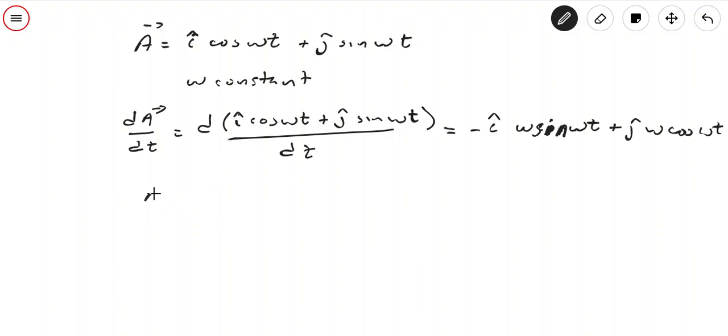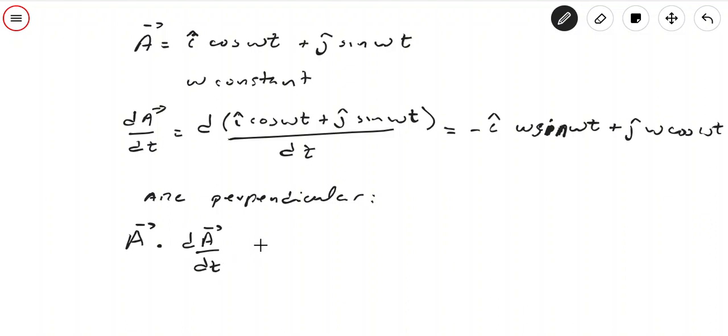Now, to find out if the vector A and its derivative are perpendicular, we must find the dot product between them. So we have to take the product of the vector A with its derivative with respect to t. This is a dot product, so of course we multiply the i components plus the j components.